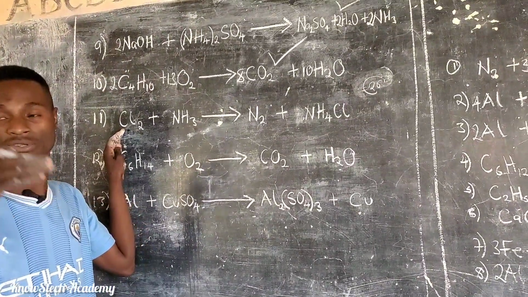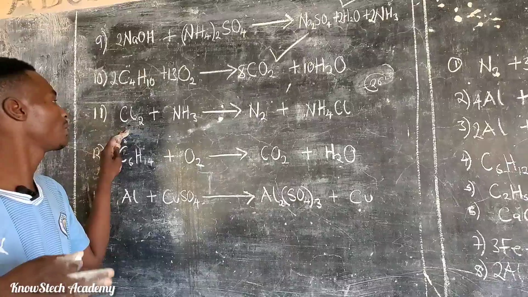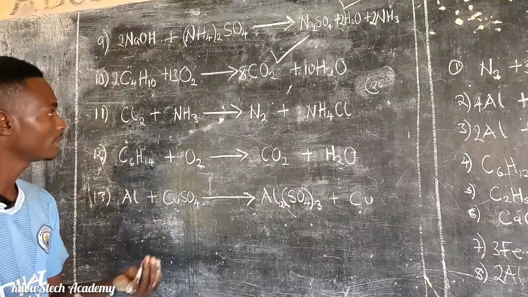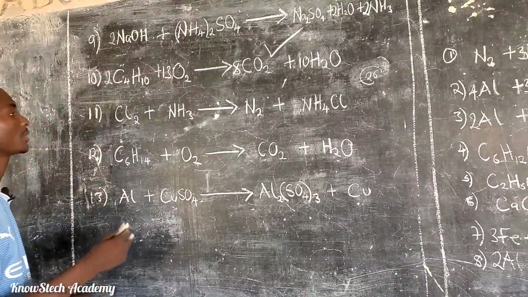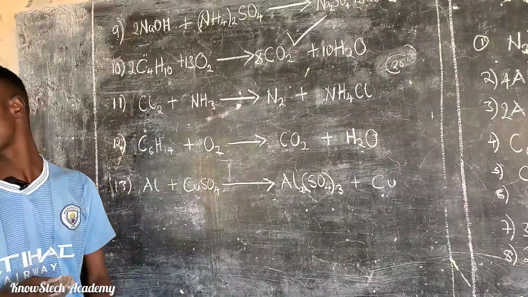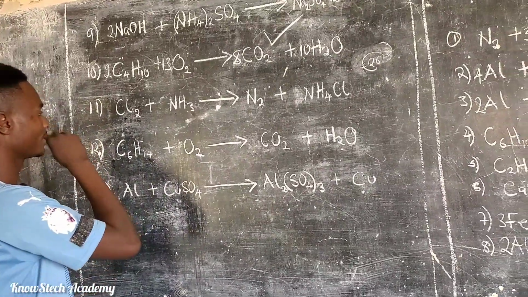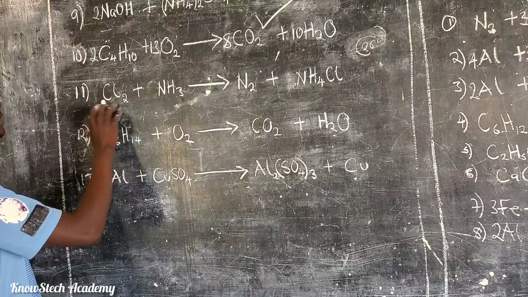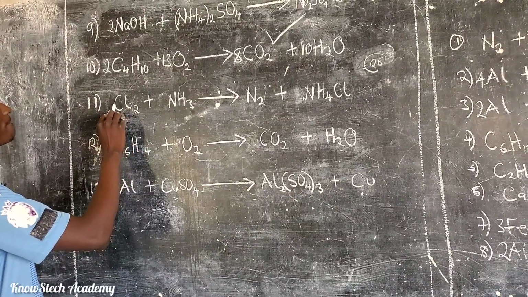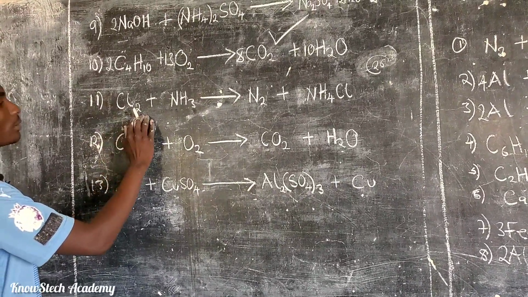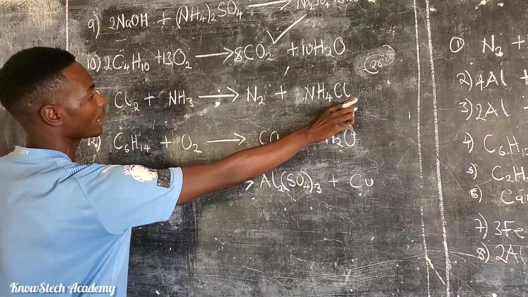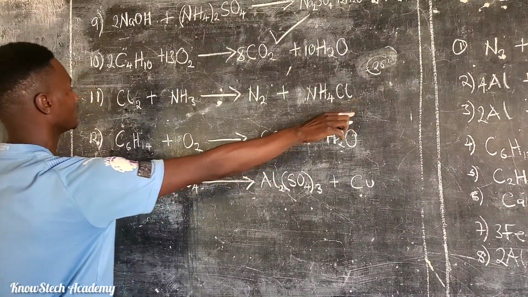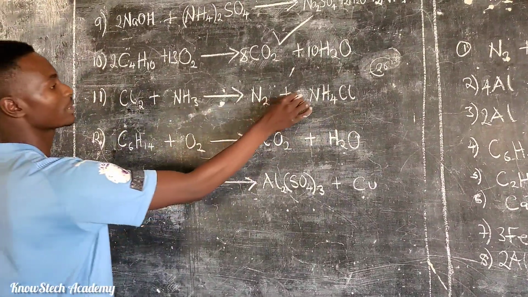So all elements in group 7 of the periodic table exist as diatomic molecules. So here we have 1 atom of chlorine, right? So we're going to put a 2 here.